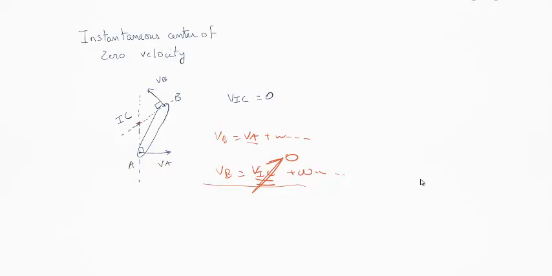Now, how do we find the location of VIC? Let's say we have this link. We have A over here and B. Let's say VA is as such and VB in this direction. Now the way to find it is you elongate a perpendicular line to VA, crossing A, and the same to B. The intersection is where IC is.